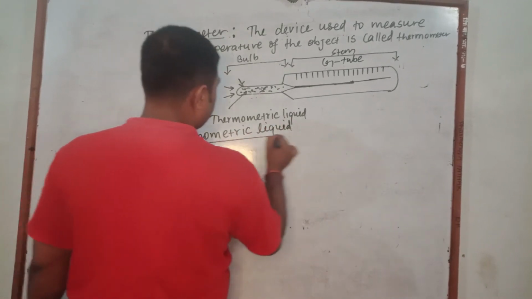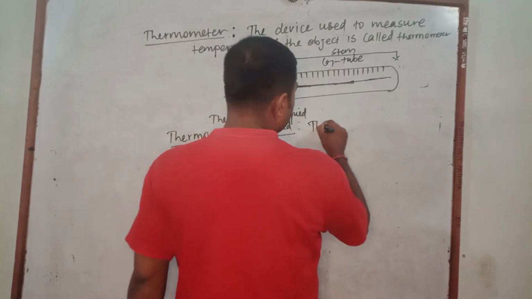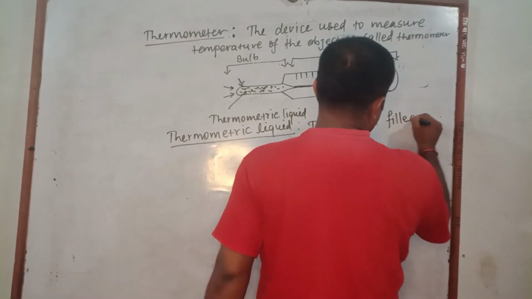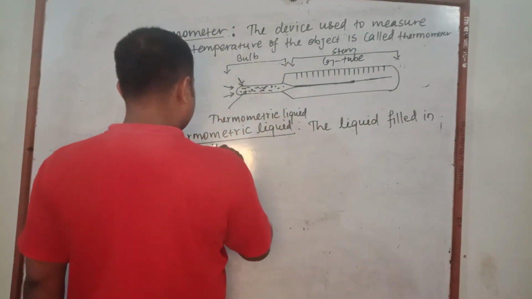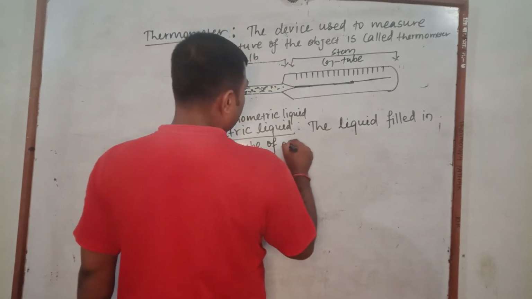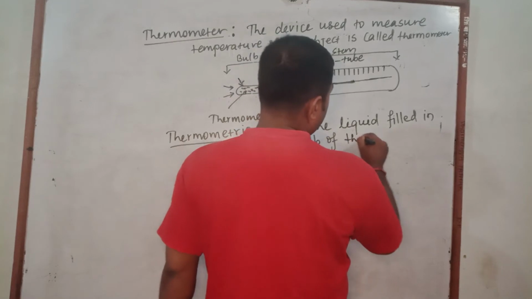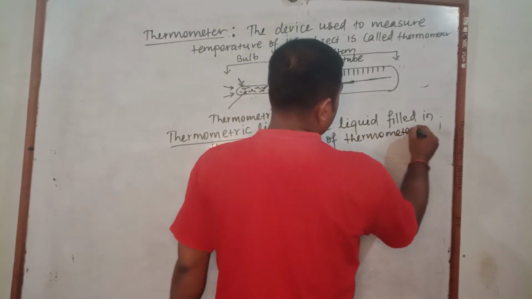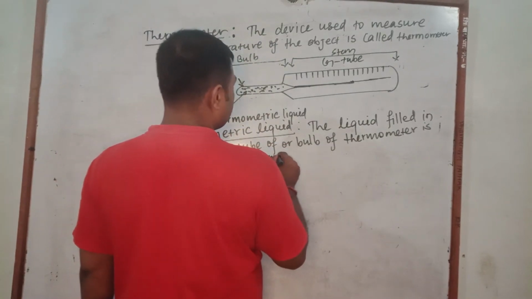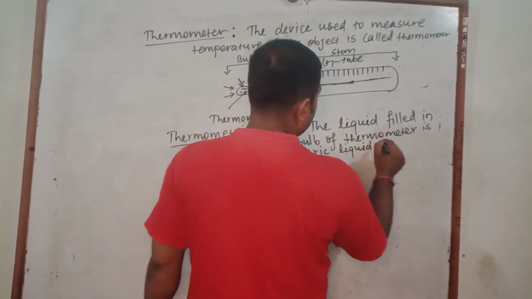Listen. Thermometric liquid is the liquid filled in the tube or bulb of the thermometer.